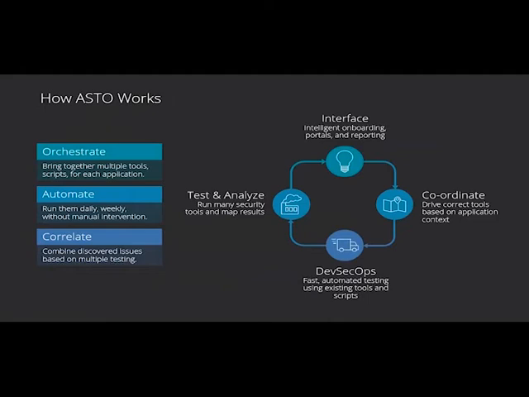Now, ASTO products orchestrate security tools and testing. They understand the aspects of the application to be tested and have configured lists of tools to be run to organize that and actually be able to execute it.